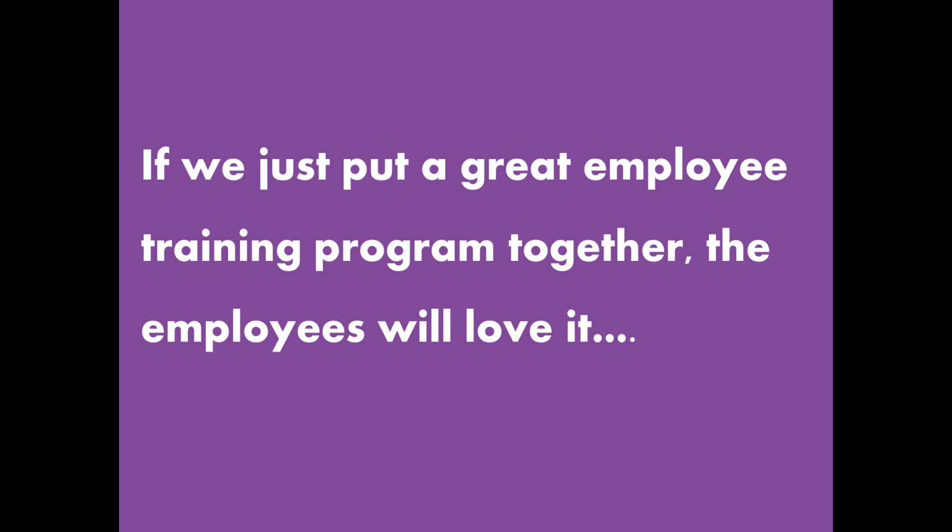And I've done this. I thought, wow, we put this great employee training program together, the employees are just going to love it. Great classroom work, great videos, fantastic materials, and then nothing happens. Or they like the class, but 90 days later we don't see any improvement, or they don't remember it. Any number of outcomes, right?